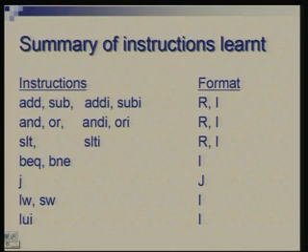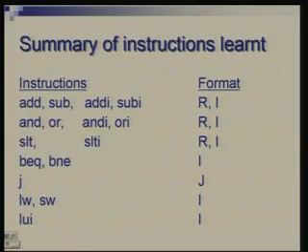So, it is important to know what is the format of these instructions. Format is the way in which an instruction is divided into fields. There are instructions which are of R format or register format, where apart from opcode you specify up to 3 registers. I format is required wherever there is a constant, either for performing an operation or for specifying an address.